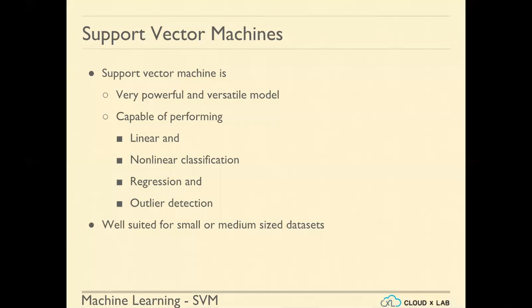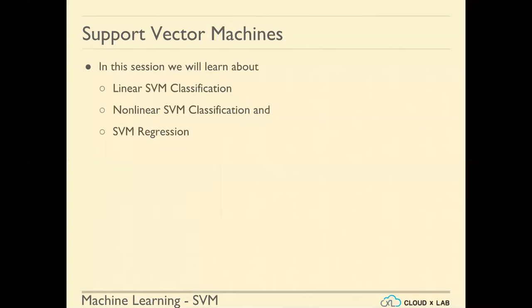Essentially, we are trying to improve the effectiveness of our model by using various kinds of algorithms, and one of them is SVM. In this session, we will learn about linear SVM classification, then nonlinear SVM classification, and SVM regression.